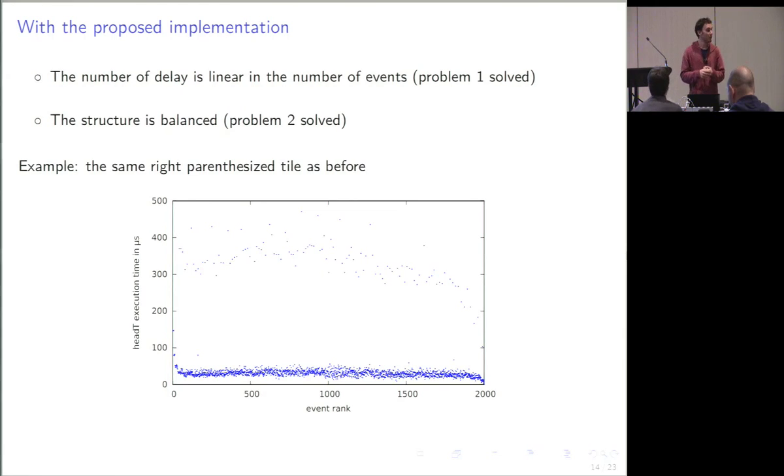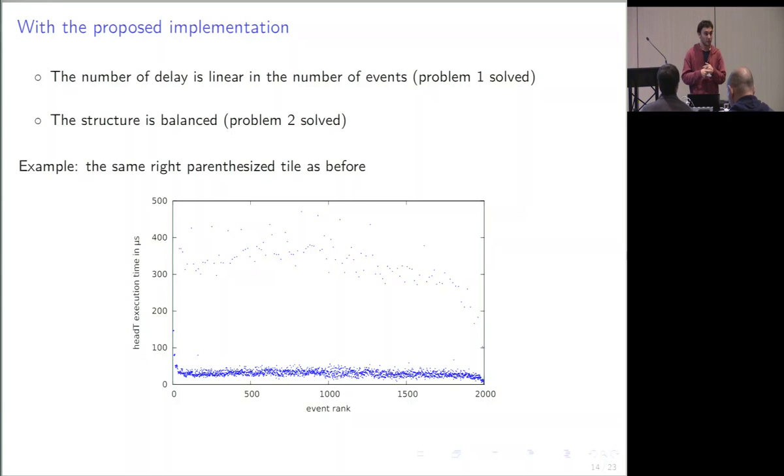Can you repeat the question, please? Yes. The question is what are those points that are above the bottom ones? And the answer is it's garbage collectors. Sometimes it triggers, and some few are above the others.